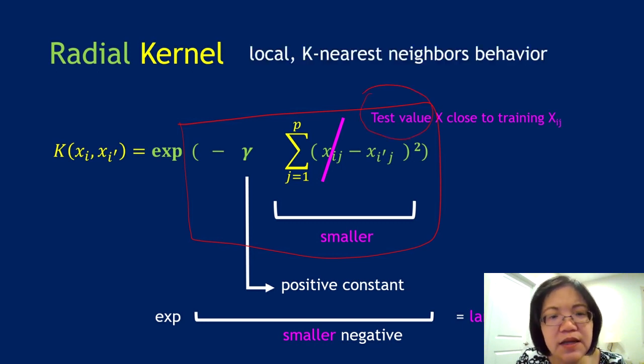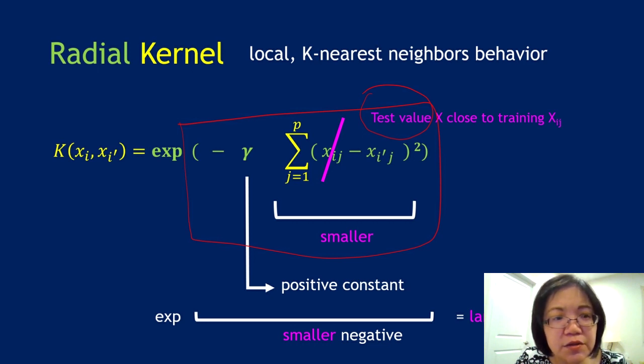So in this sense, radial kernel operates very similarly to a k-nearest neighbors sort of algorithm, and reminds us of local regression, which is using only points that are close to you. The points that are far away are outside of the window, and they're actually not being used for calculations.